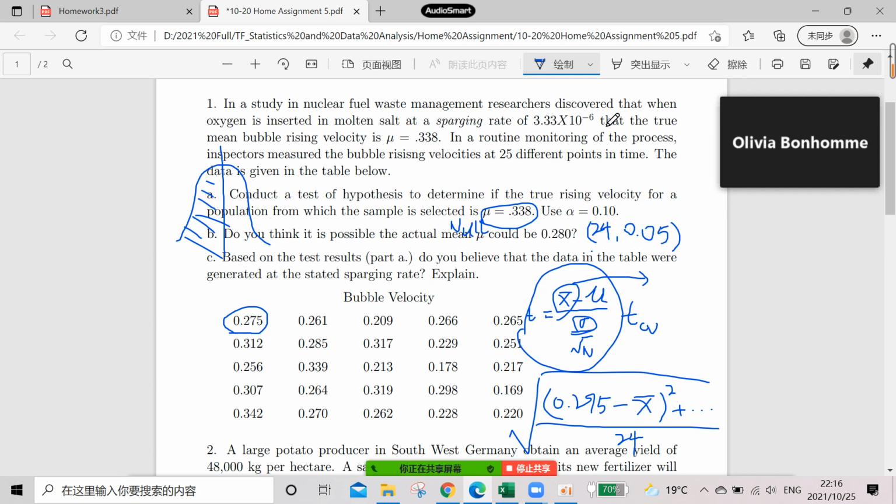What is n in this case? The number of trials. Okay, so this will give us a number. You should compare that number with the t critical value. Where's the t critical value? On the t-table.